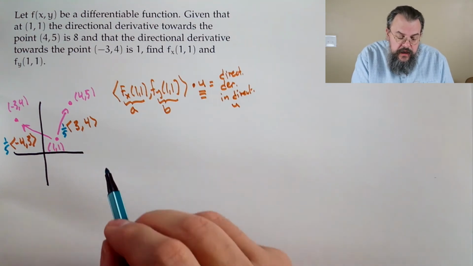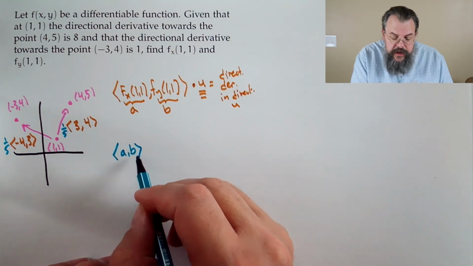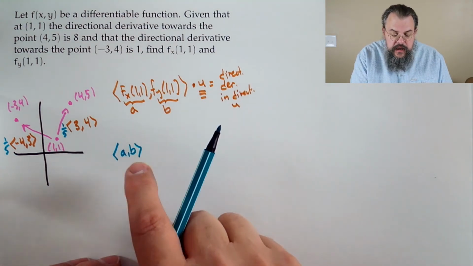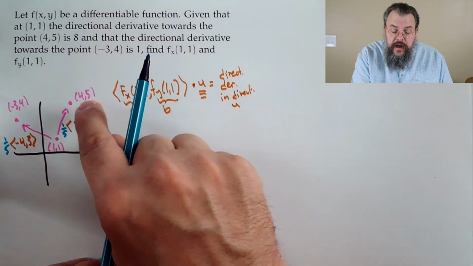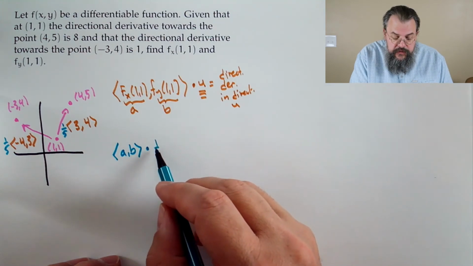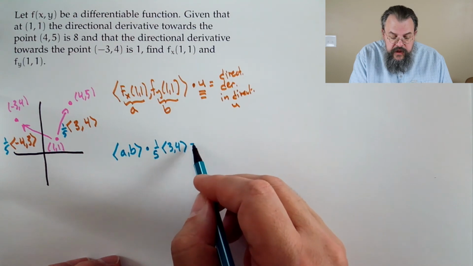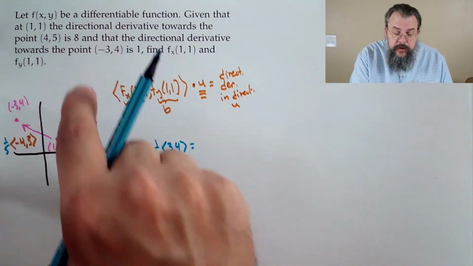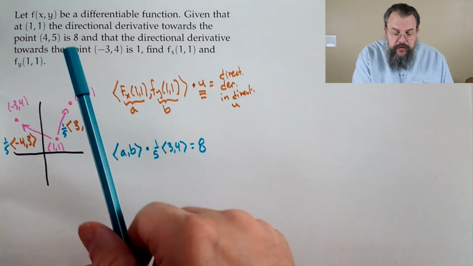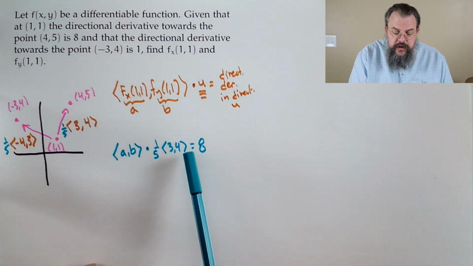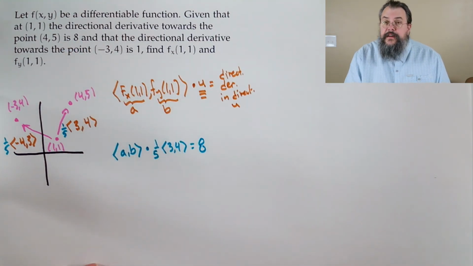So what we can say is our information says if we take our gradient, which we're writing as AB, dot, well, let's go from 1, 1 to 4, 5. So that would be 1/5 times the vector 3, 4, and that equals 8, because we have the directional derivative towards the point 4, 5 equals 8.